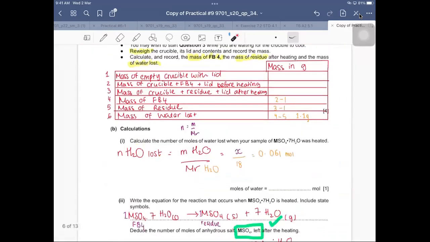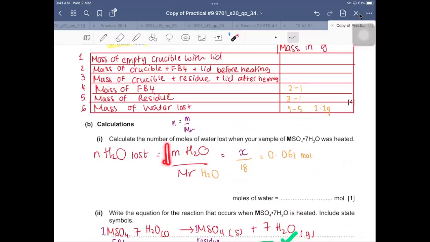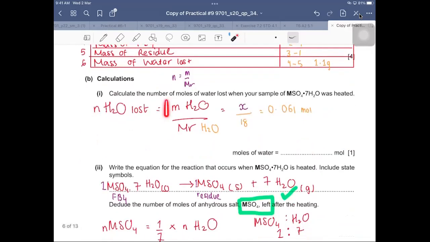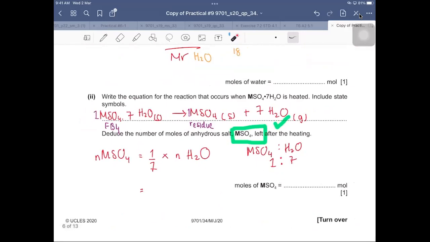If the mass loss of water is underestimated, which is lower, the number of moles of H2O will also be lower. Then, if my number of moles of H2O is low, the number of moles of my metal sulfate, which is the residue, will also be low.